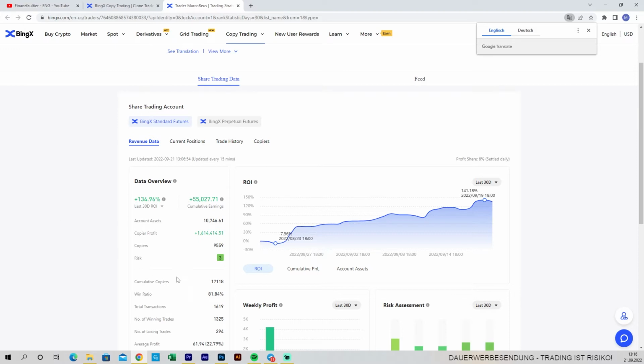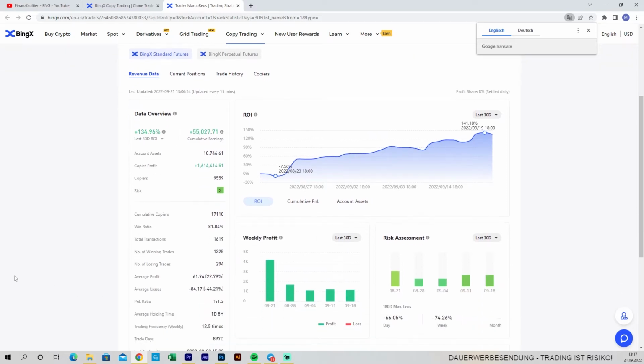He has an 81% win ratio, which is very high, but not so high that I would say this guy just leaves his trades in the minus open as long as possible until they reach the profit level again to sell them, just to pimp up his win ratio. I would say everybody over 85 or 90% is cheating, you know?